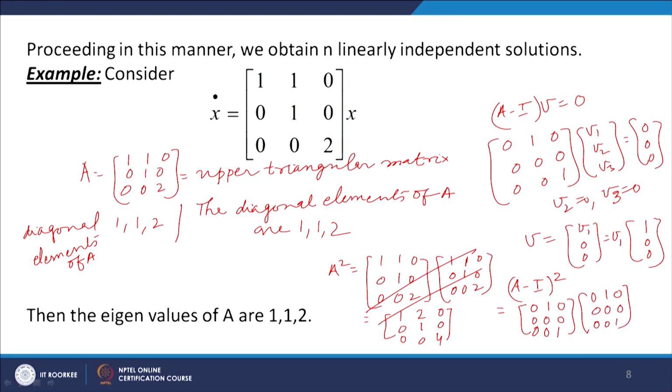So, let us see what it is. First column is 0 0 0. When you multiply all the rows here you will get the first column as 0 0 0, and then 1 0 0 you multiply, so 1 0 0 will give 0 here, 0 here, and again 0. And 0 0 1 you multiply, you get 0, 0 and here you get 1. Okay. So, we get this matrix.